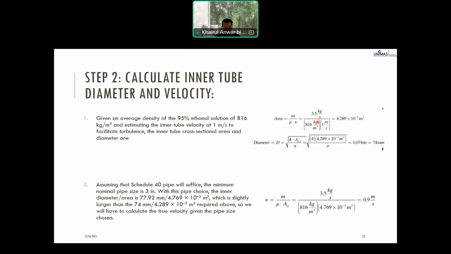3.5 is the flow rate. The inner tube refers to the ethanol, and we divide by rho for ethanol, 816, for 1 meter per second velocity.